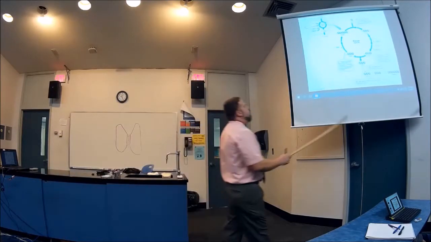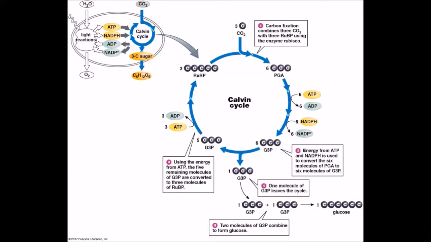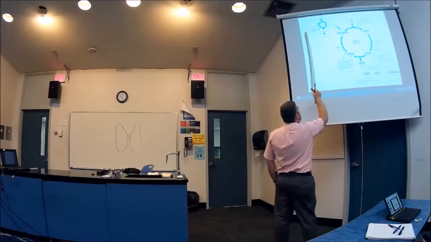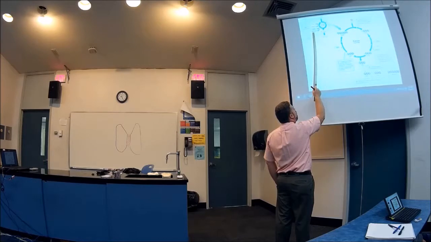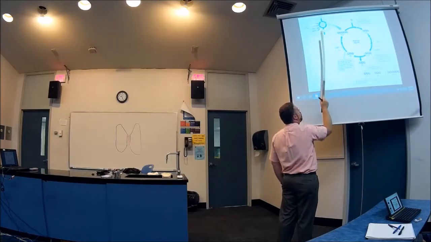Another way of looking at it, again, this is the chloroplasts over here. The light reactions are going to make the ATP and NADPH so that the Calvin cycle can use that power to make the sugar.